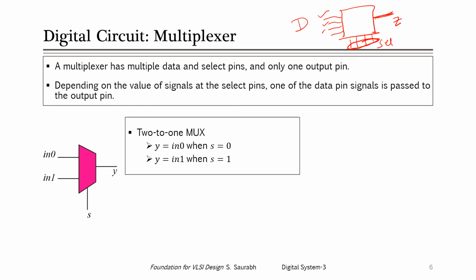Now let us look into the simplest type of multiplexer, the 2 to 1 multiplexer.